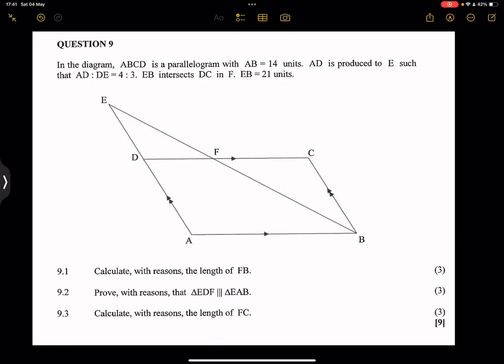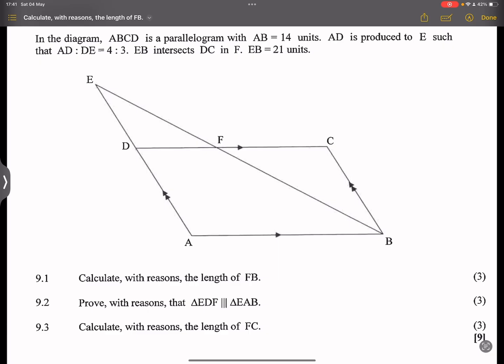Right, so I'm going to just fill that in. So that's 14 units. And we know that AD is produced. Right, remember when they say a line is produced, it just simply means it forms a straight line, right? To E, such that AD to DE is 4 over 3.